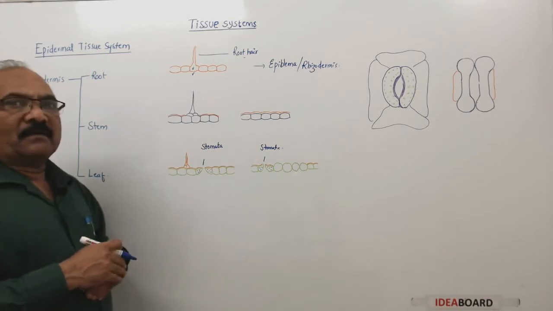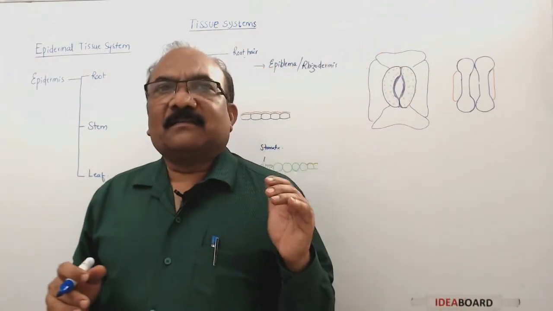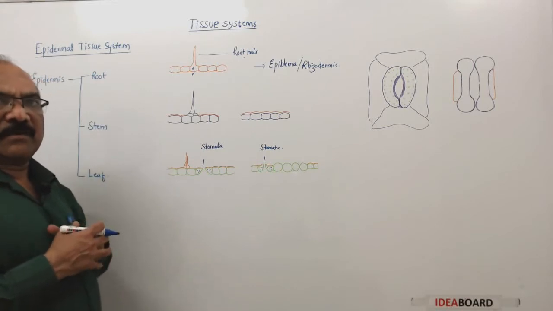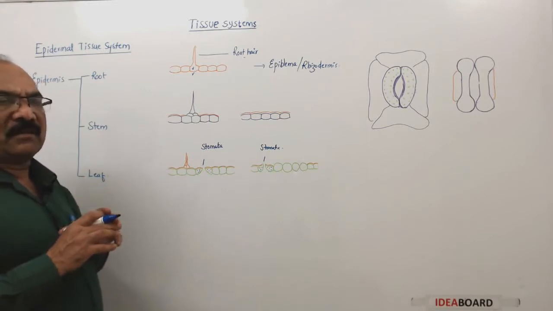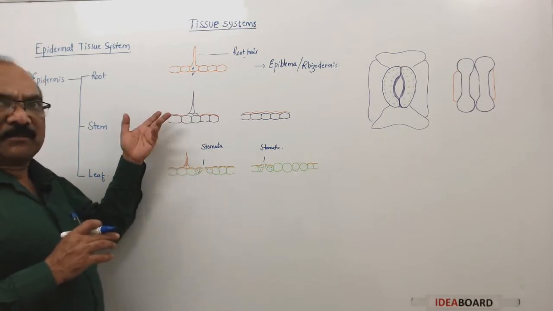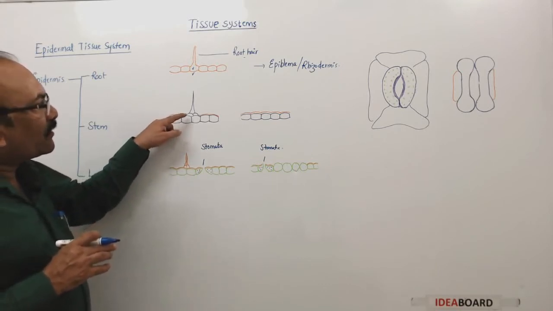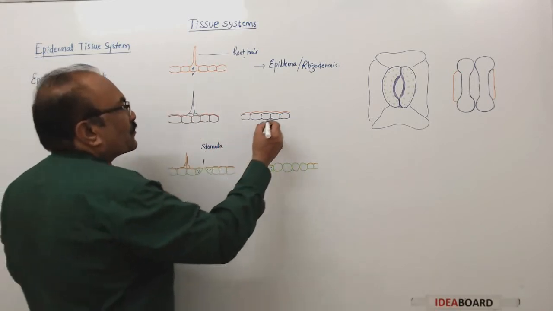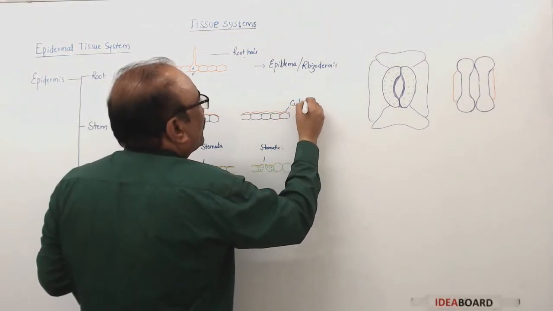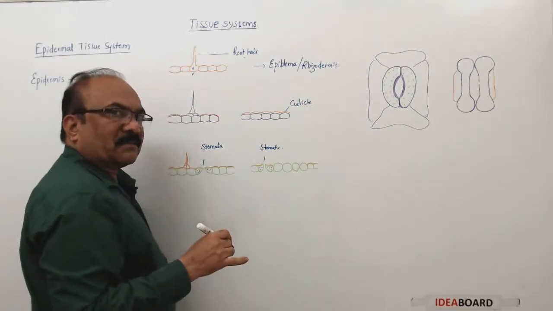But when we compare the root epidermis with the stem and the leaf epidermis, what do we have to say? Here you can see the stomata, and I told you that even stem epidermis may have few stomata, and here you will find one line also. What is this line actually? This represents the waxy coat or waxy layer called cuticle, made up of cutin substance.